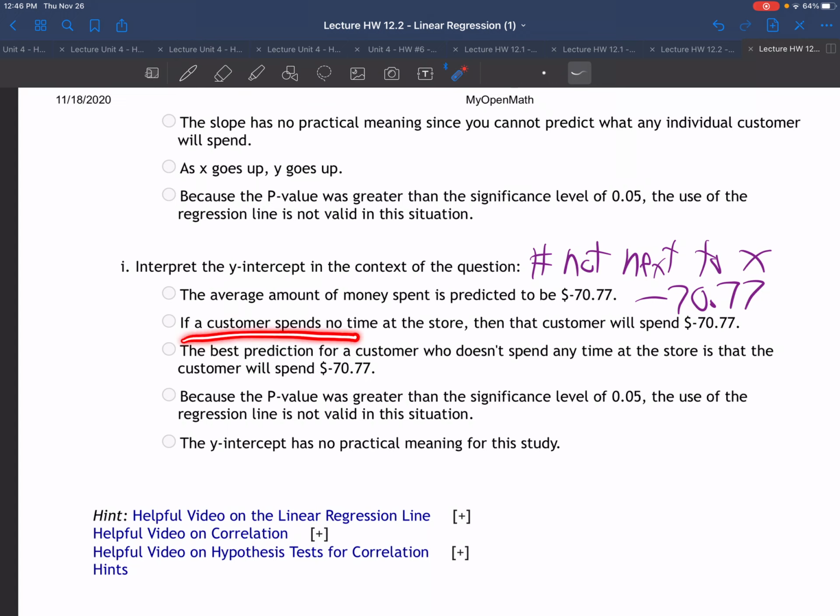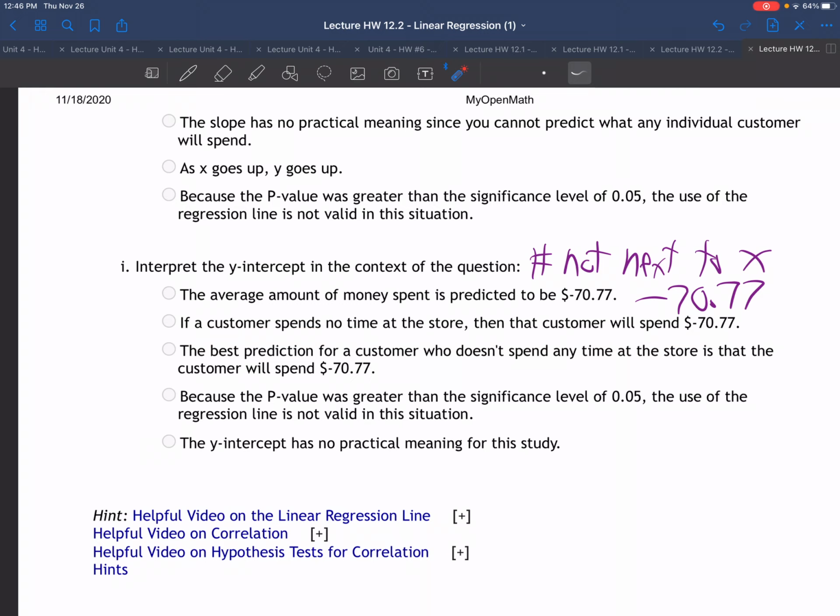If a customer spends no time at the store, they'll spend negative 70.77. Well, I mean, that really can't be the case, can it? Is that making sense? How can you spend a negative amount of money in the store? That can't be.